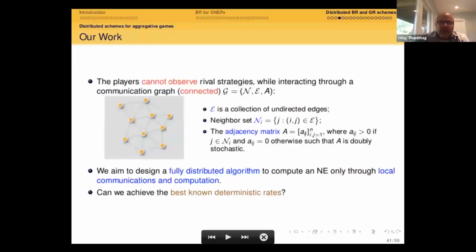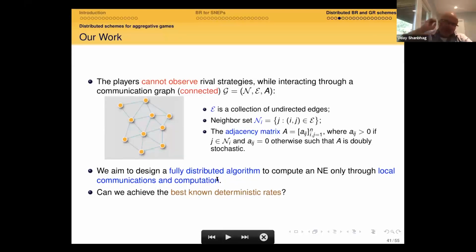I'm going to move a little faster on this because Lacra's already done a fabulous job of providing a survey. In this case, we assume players cannot observe rival strategies, and they interact through a communication graph, which is given as follows. Our goal is to design a fully distributed algorithm to compute a Nash equilibrium entirely through local communication and computation.